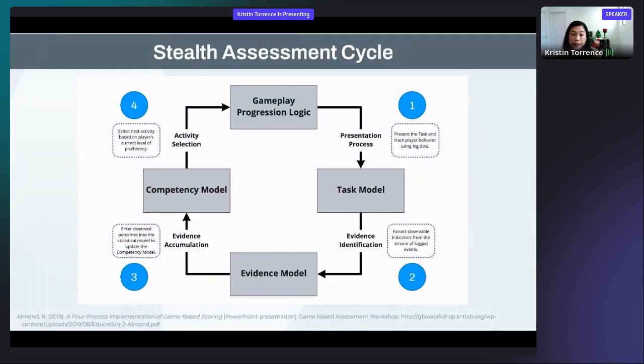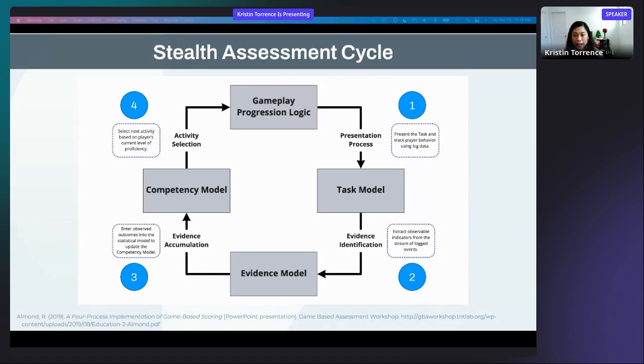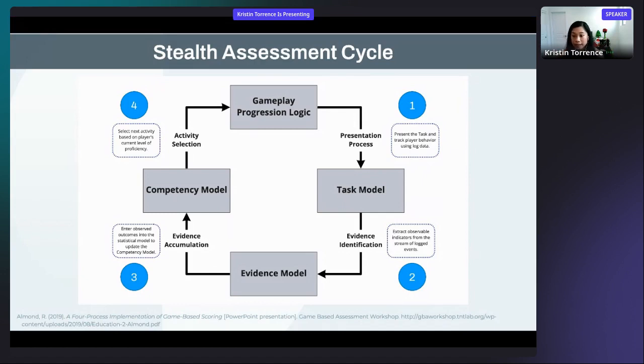So again, Newton's Playground employed this stealth assessment cycle, right? So first, the game activities were presented to the players in the form of the designed task model. As a result of that gameplay, the system extracts the observable indicators from the log data, and then as part of the evidence identification step.